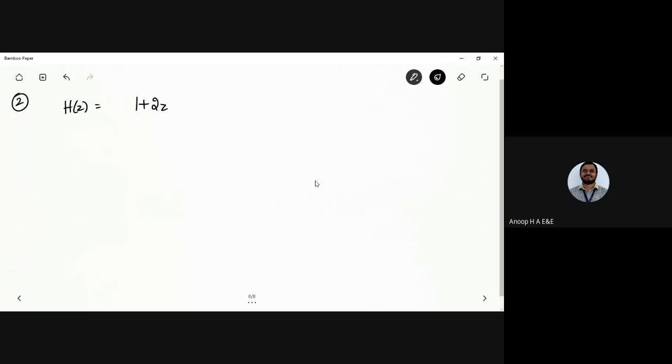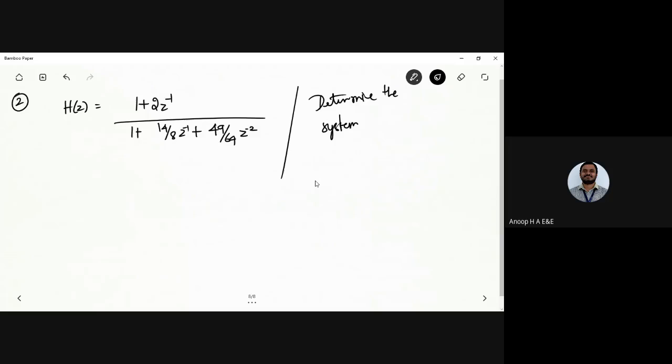The expression is 2 z inverse plus 1 plus 14 by 8 z inverse, plus 49 by 64 z power minus 2. Just solve it and let me know whether the system is stable and causal.